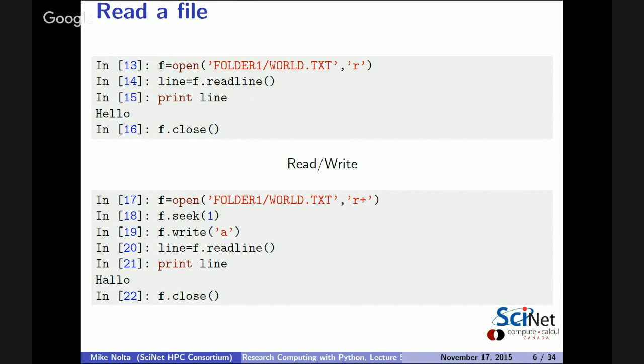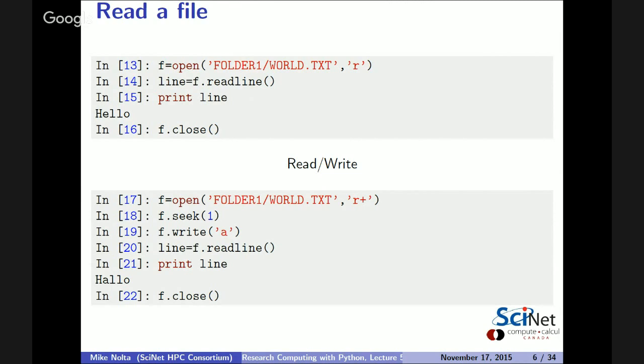Okay. Now, if you want to read and write to the file simultaneously, the mode is R+. And now this lets you do something a little fancier. It's not used very often in practice. But now you can both write to the file and move around the file with the seek command.